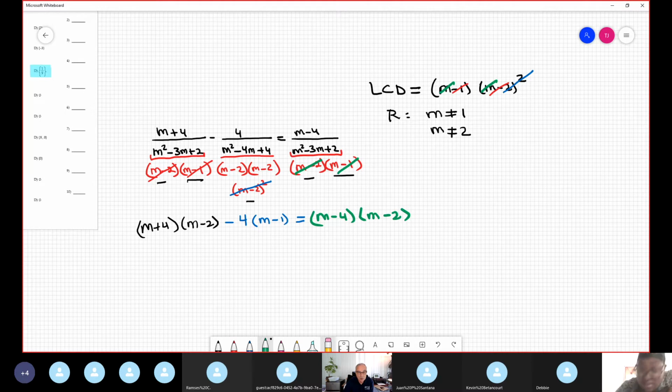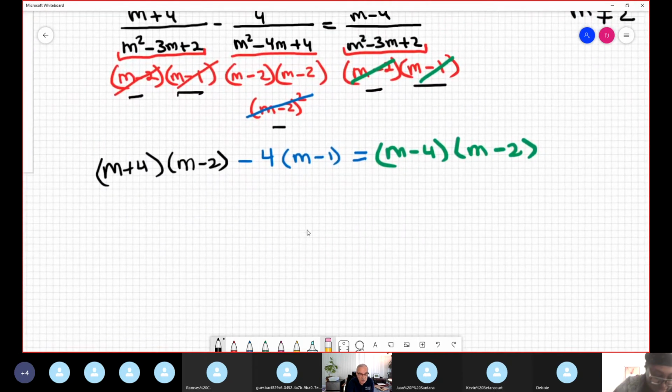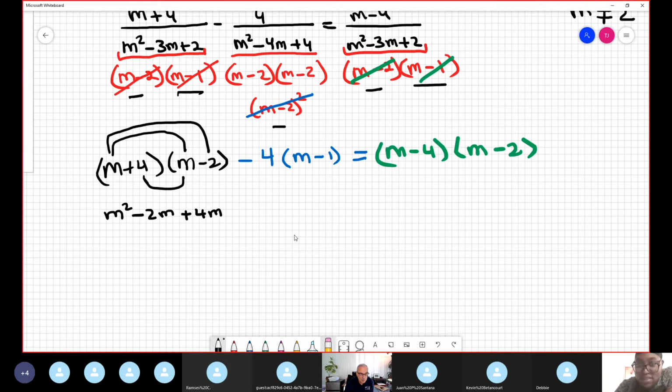Okay, ready. Now what should I do? In this case, FOIL, because it's a multiplication of binomials. You FOIL and distribute. Look, the manipulation is clear. You FOIL this: m times m is m squared, m times minus 2 is minus 2m, 4 times m is 4m, and minus 8.